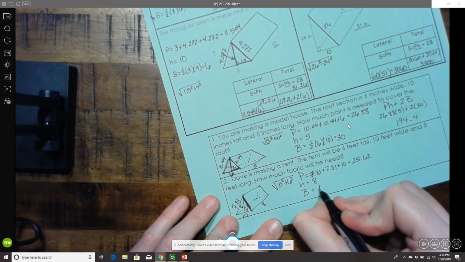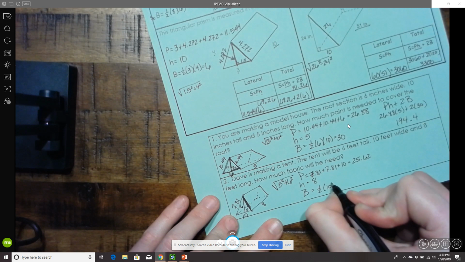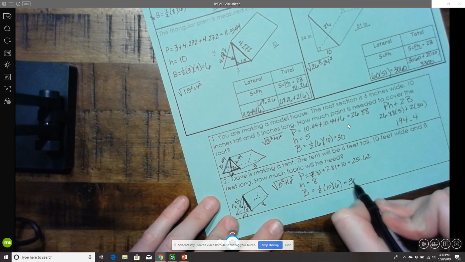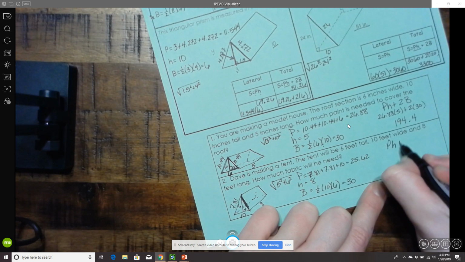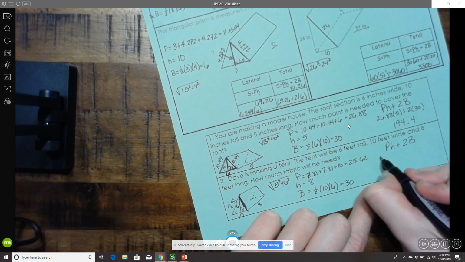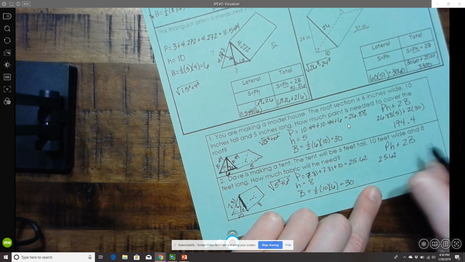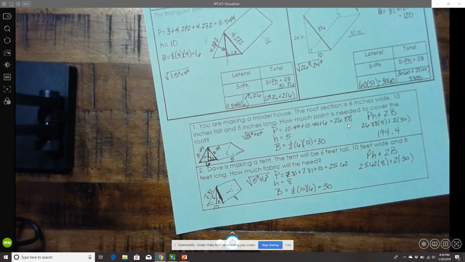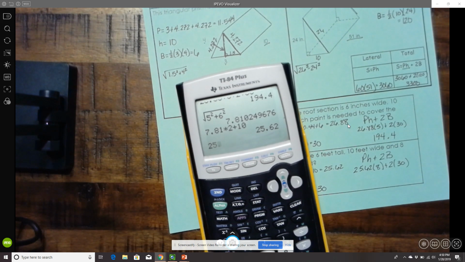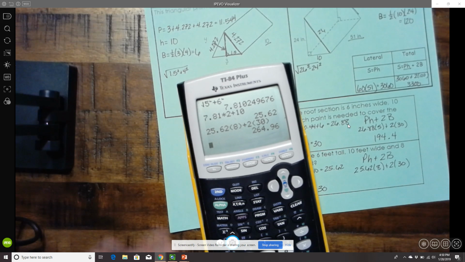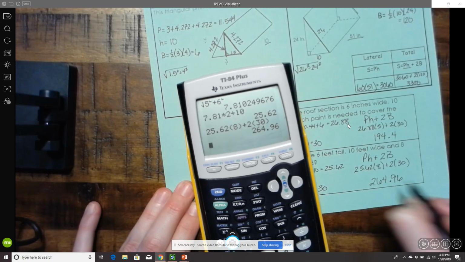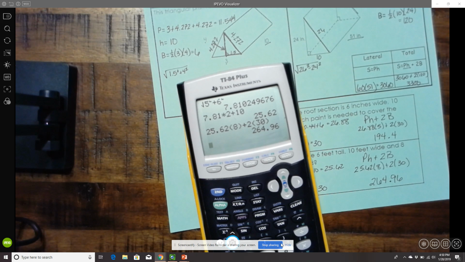And big B would be 1/2 times 10 times 6, which is the same thing we have here, so 30. So pH plus 2B. So 25.62 times 8. And so my total surface area would be 264.96. So that's it for this video.